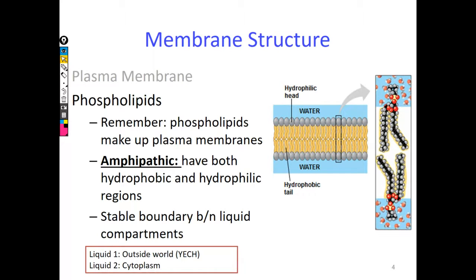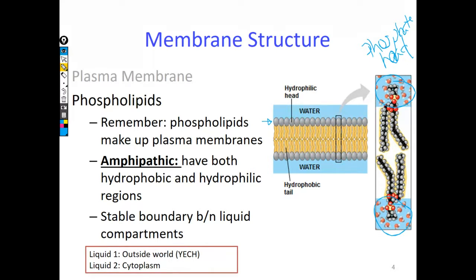Remember that all of this is made out of phospholipids. If I look at my image on the right, I have phosphate heads on the outside of my membrane. These are shown in gray in my image.